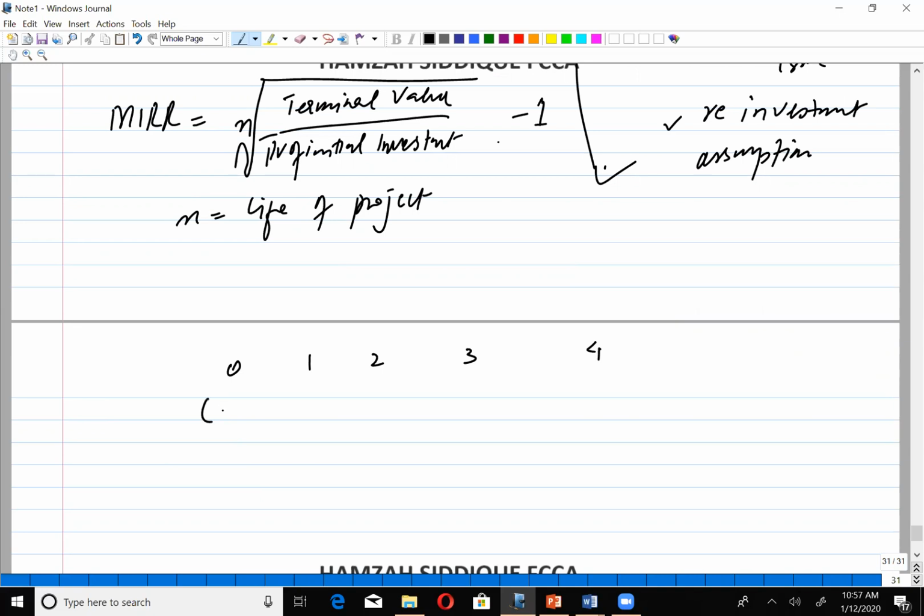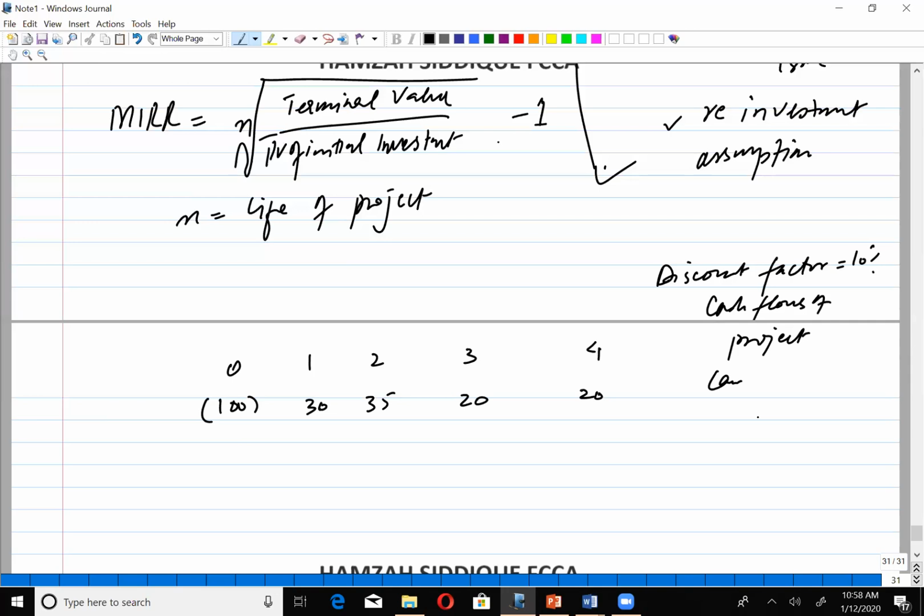Initial investment is 100 million, and the cash flows are 30, 35, 20, and for example, 20 again. Discount factor is 10%.